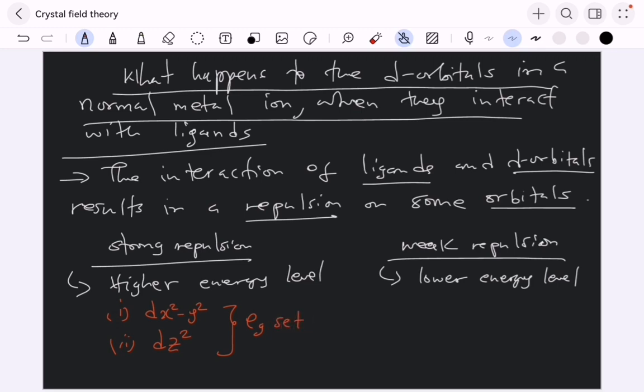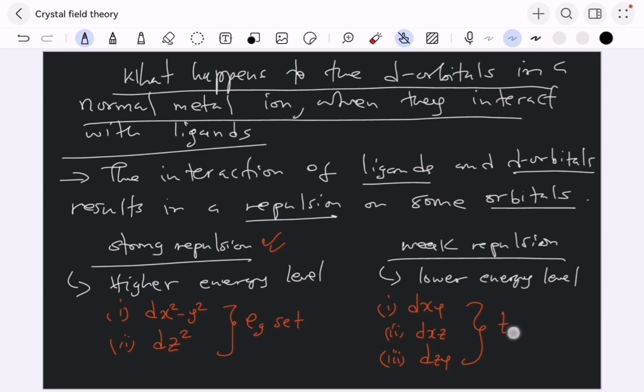These experience a very strong repulsion, and therefore upon splitting they tend to occupy a higher energy level compared to the dxy, the dxz, and the dyz.